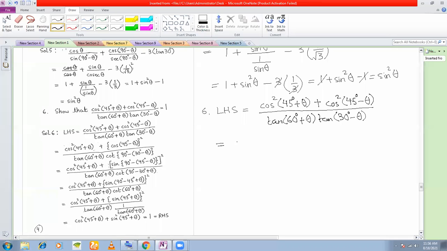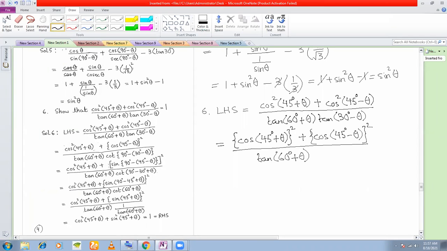Okay, first of all, in the numerator you write this as a whole square. Now you see that you have a product of two tans in the denominator.